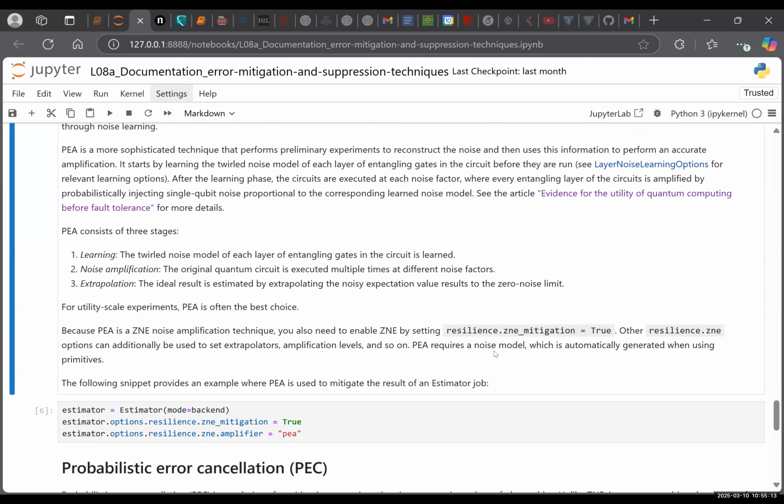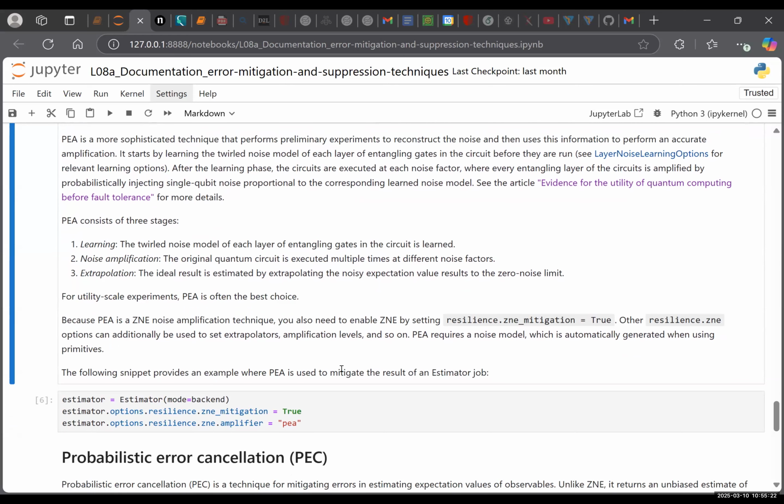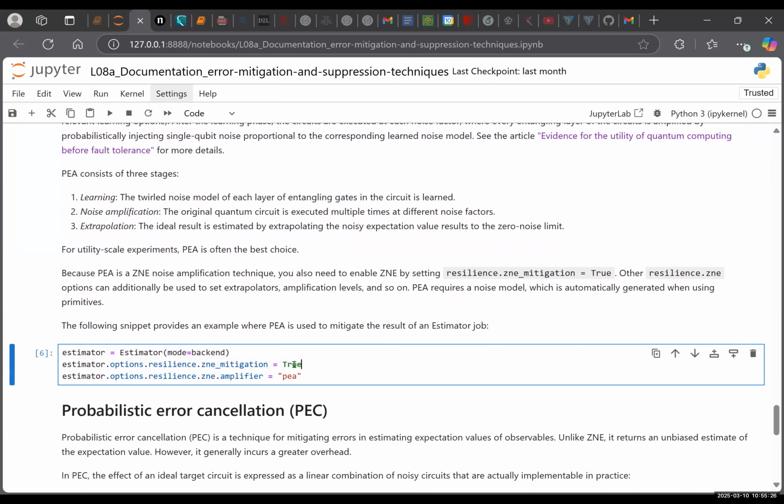PEA requires a noise model, because you try to learn the noise, and so you need to have some model. So this is how you would enable that right here, the ZNE amplifier.